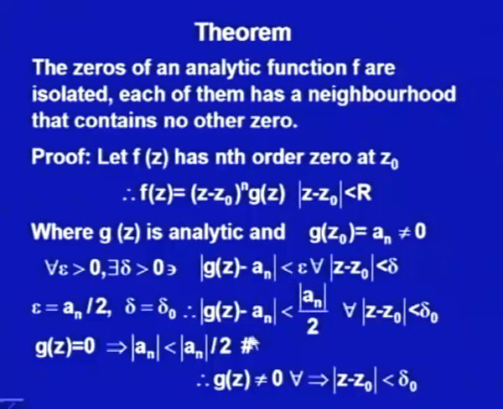But what we found here is that in this small delta naught neighborhood of z naught, G(z) can't be 0. Hence my f cannot take the value 0 at any other point in a small delta naught neighborhood of z naught. That says z naught is an isolated zero.